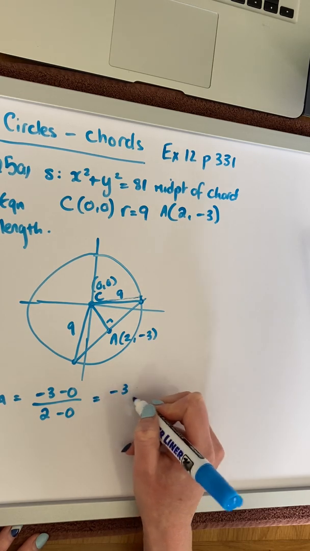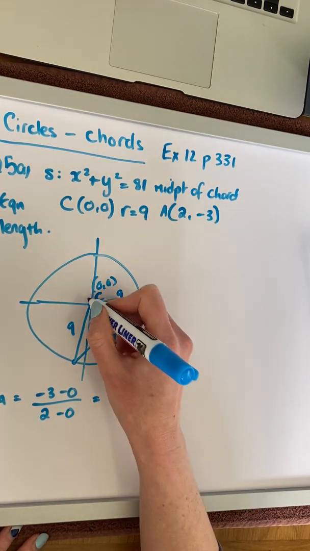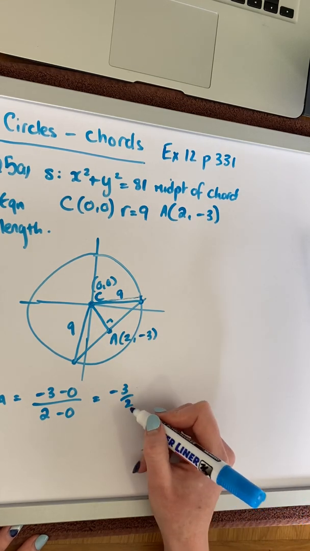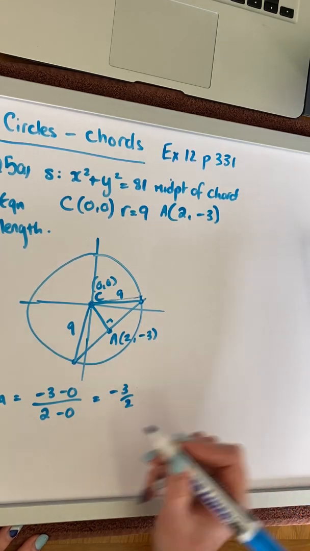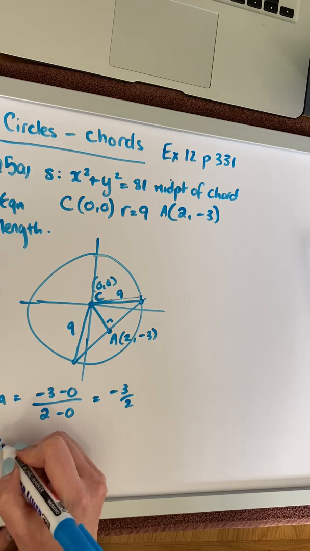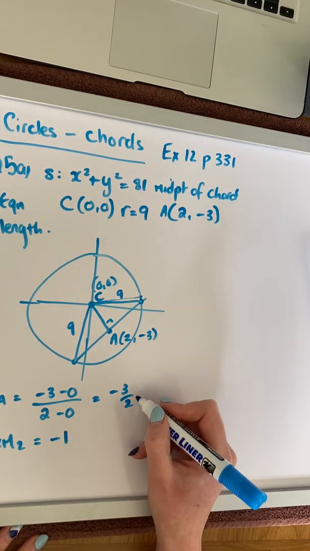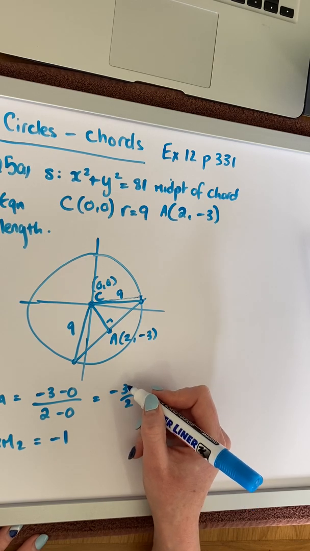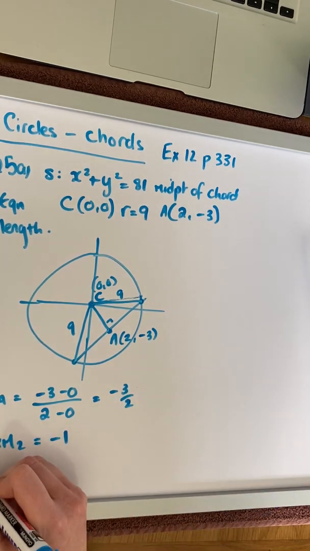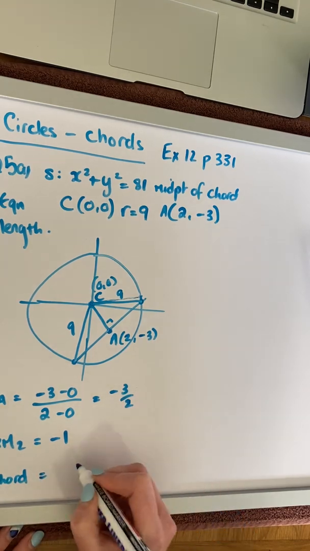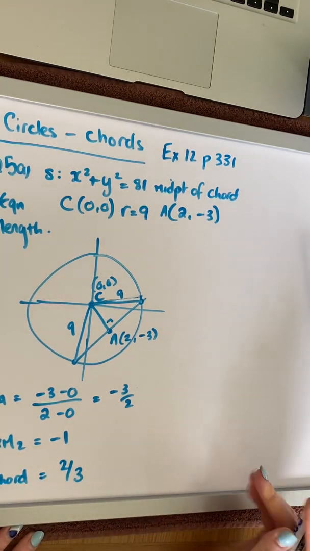So the slope of my line from the center to the midpoint of the chord is -3/2. Now remember, because they're perpendicular, m1 multiplied by m2 will give -1. What we do is flip the fraction upside down and change the sign, so the slope of the chord is 2/3.